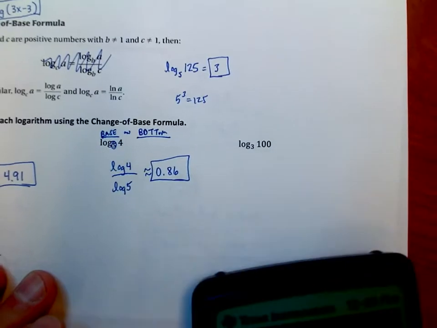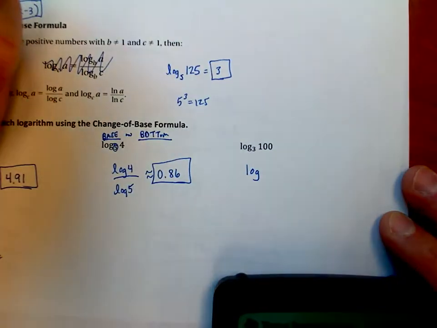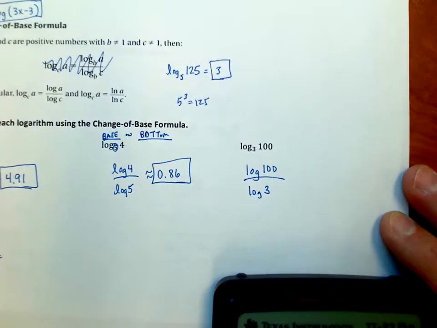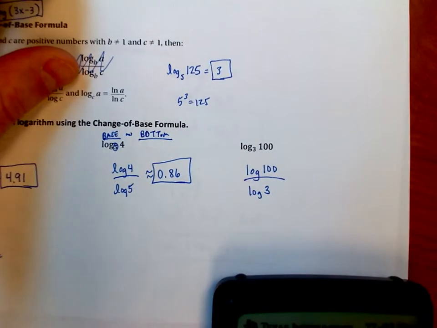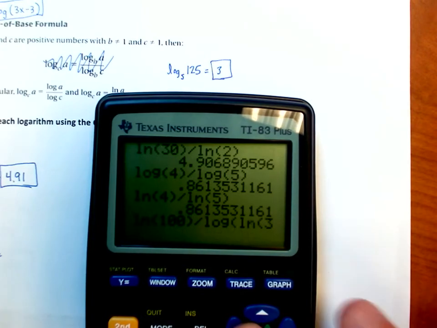Okay, last one then, you probably know what we're doing here. Log of 100 over log of 3. Base on bottom. Natural log of 100 divided by the natural log of 3.